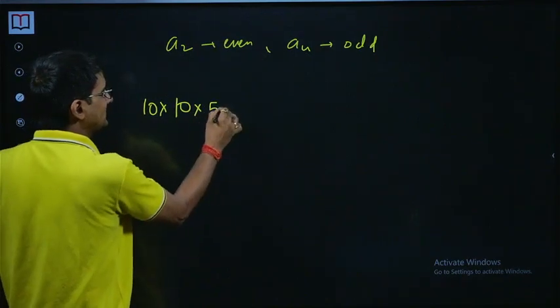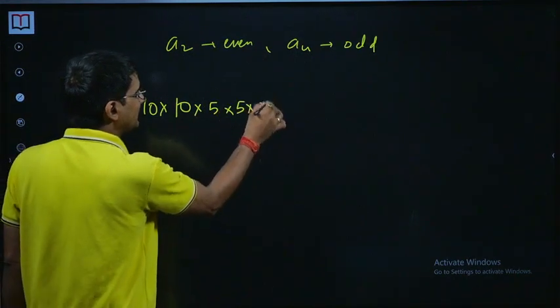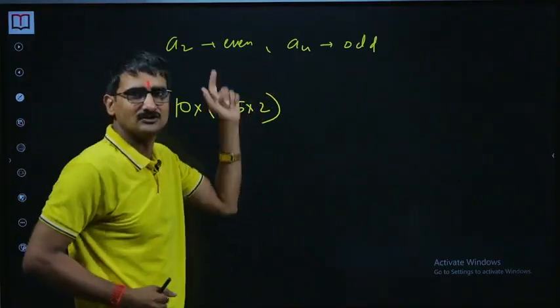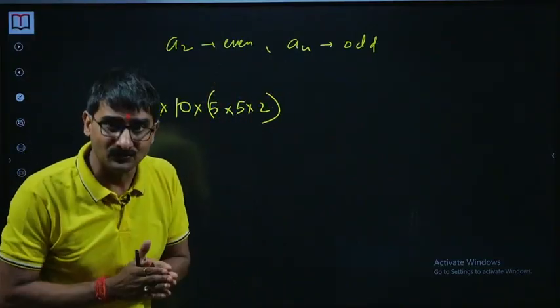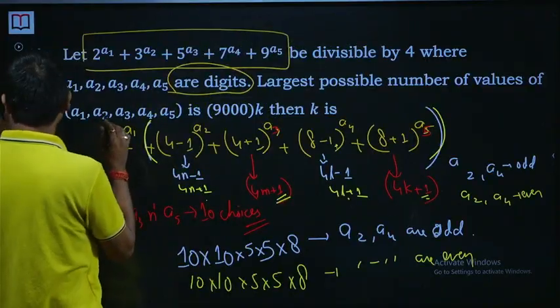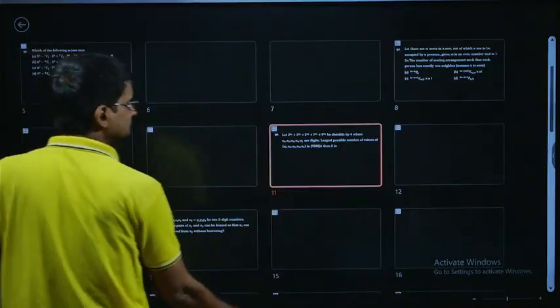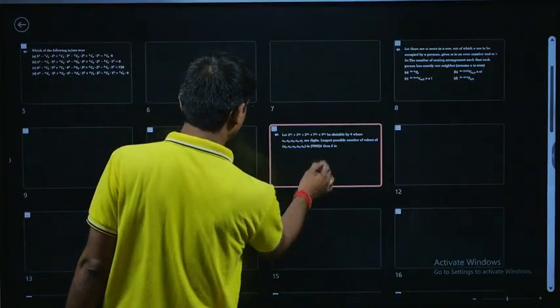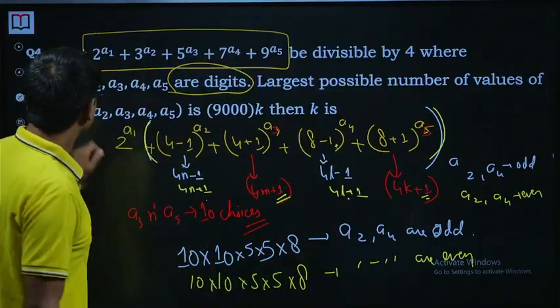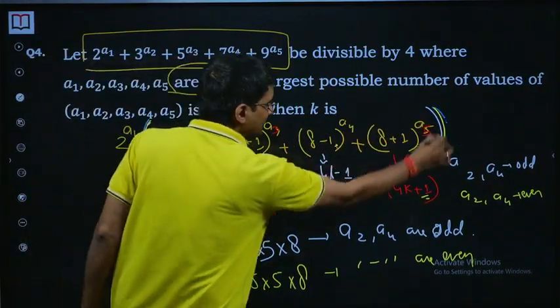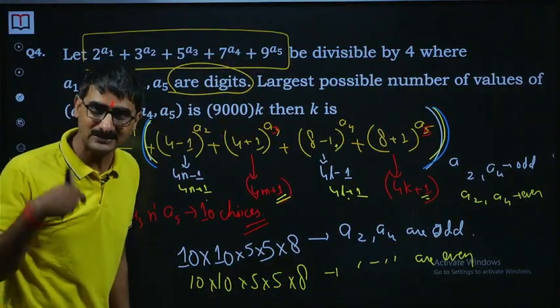But 5 choices for even, 5 choices for odd, and into 2, because they can reverse the situation: odd, even, or even, odd. Now the final number till here is a multiple of 4 plus 2, plus 2.